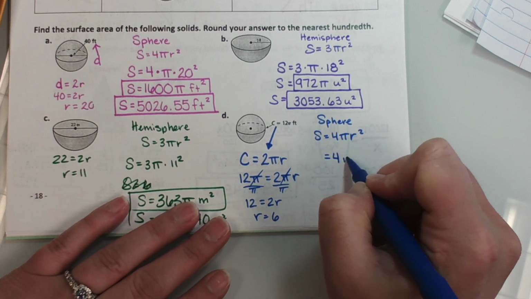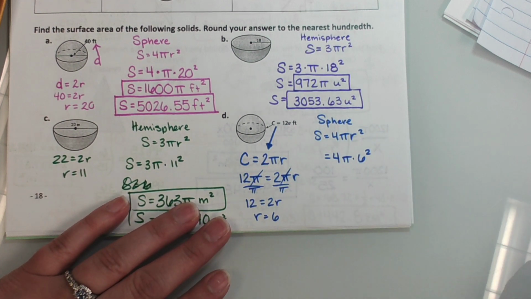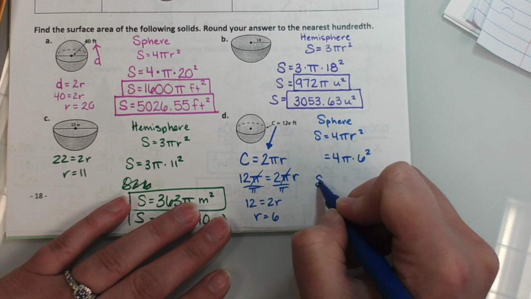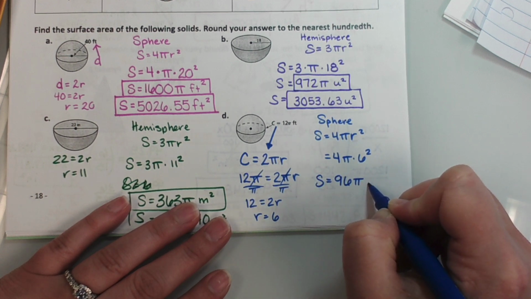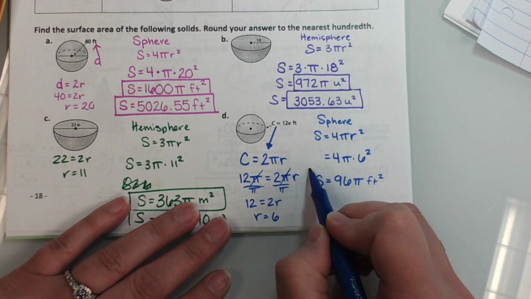Surface area is 4 pi times 6 squared. Surface area is 96 pi feet squared.